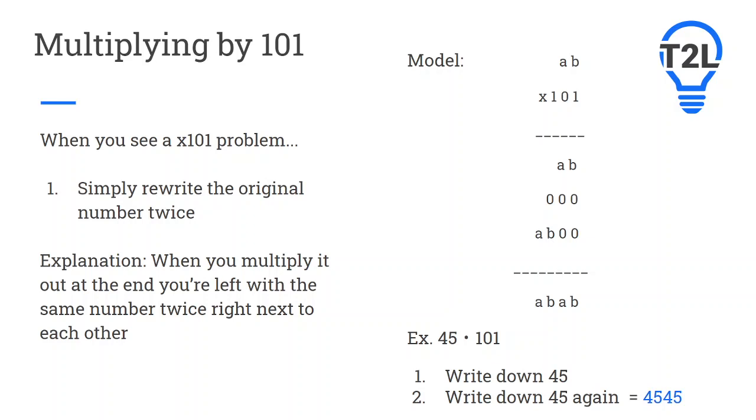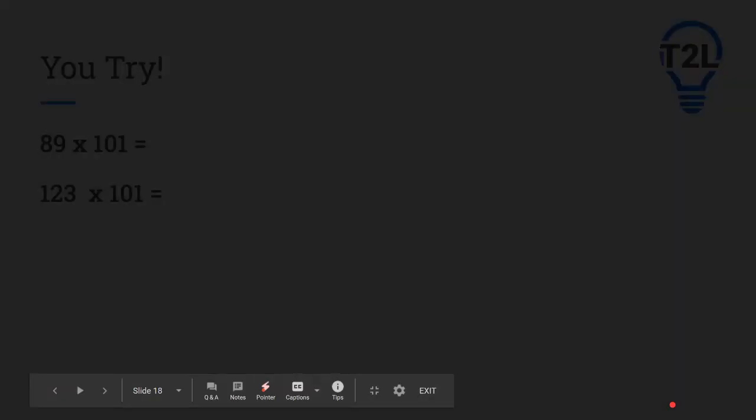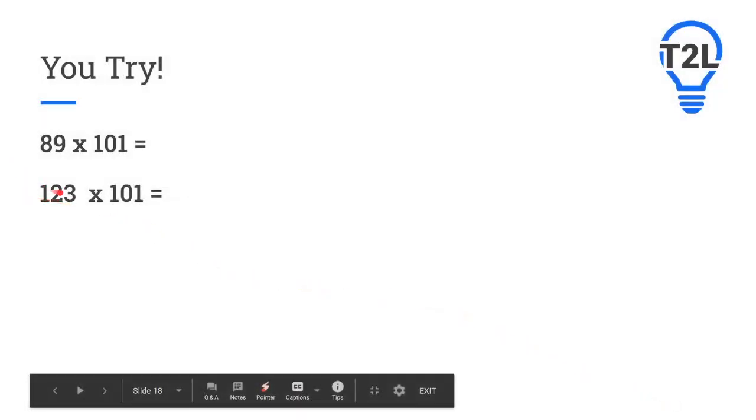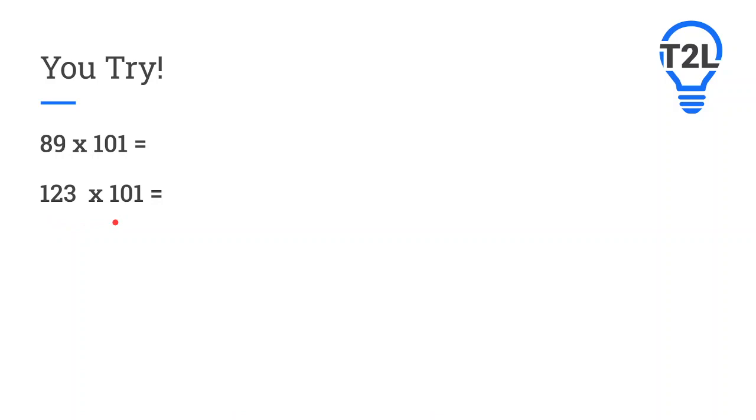Don't worry about the 3-digit one. That's not that common. It's more just 2-digit times 101. So for this one, 45, you just write it twice: 45, 45. Now try these ones, and it's fine if you don't get the 3-digit one.